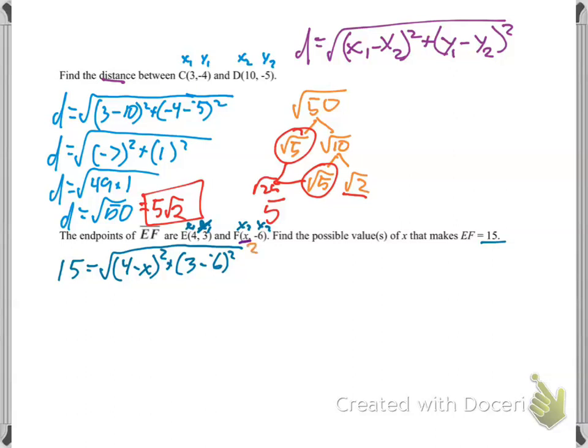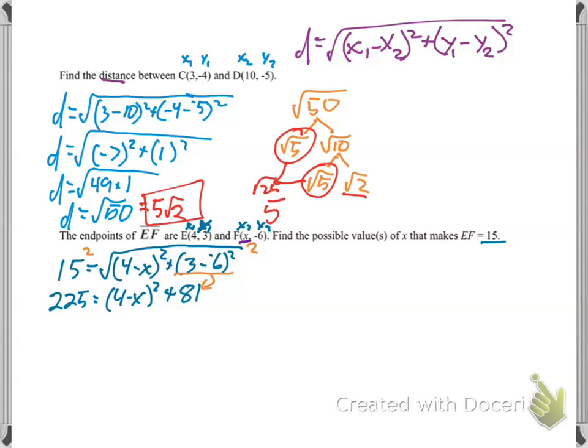So I'm going to square that side, and square that side. 15 squared is 225 equals, my square root symbol is gone, so now I have (4 minus x) squared plus, and I'm going to go ahead and combine this. 3 minus a negative 6 is the same as 3 plus positive 6, which is 9, squared is 81. All I did there was simplify all of this to that.